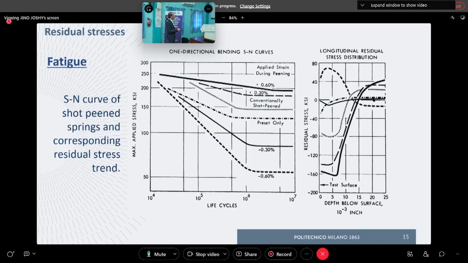They are almost null, like in this case, minus 0.3, and even positive, minus 0.6. And we notice that in this case we are decreasing the final fatigue limit. This underlines the importance of the initial residual stress state in determining the final fatigue limit of the part.